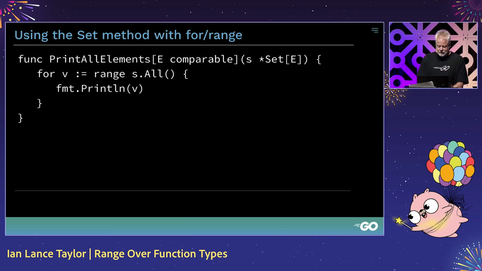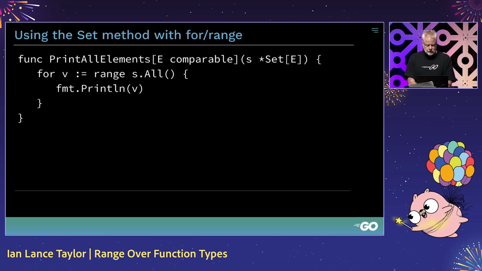In this kind of code, s.all is a method that returns a function. We are calling s.all and then using forRange to range over the function that it returns. In this example, we could have made set.all be an iterator function itself rather than having it return an iterator function.